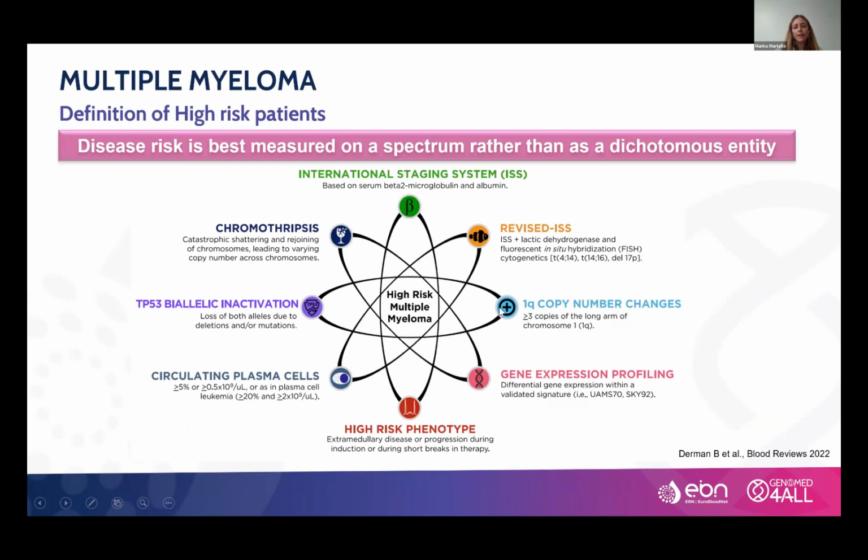We know from literature, from recent studies, that the current risk stratifications are quite suboptimal, because they can identify a high-risk patient, but also among the standard-risk patients, some experience, for example, relapse, early relapse.